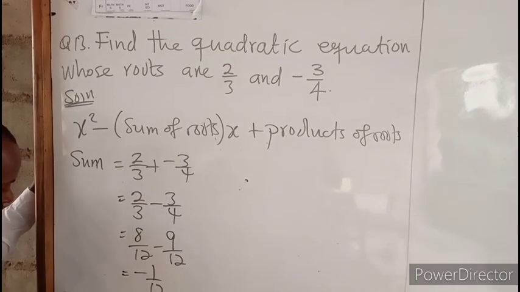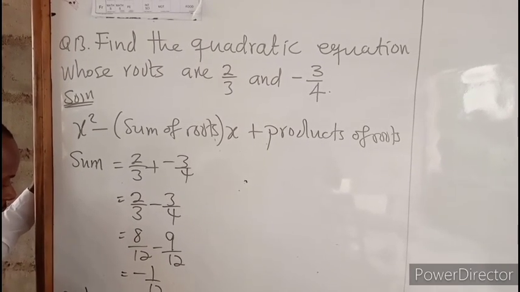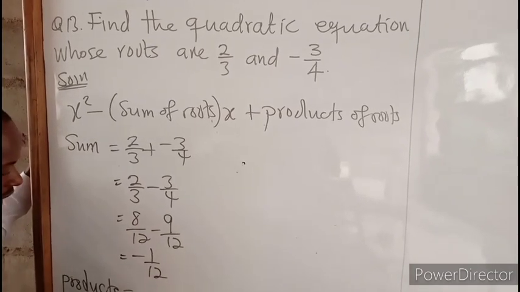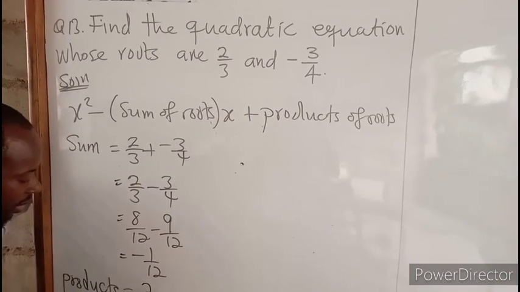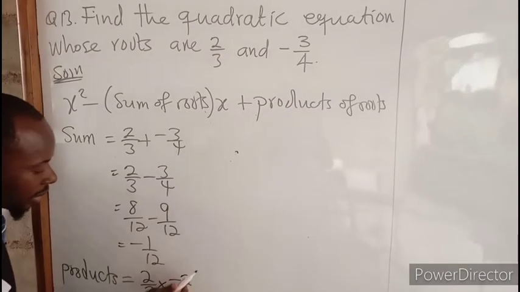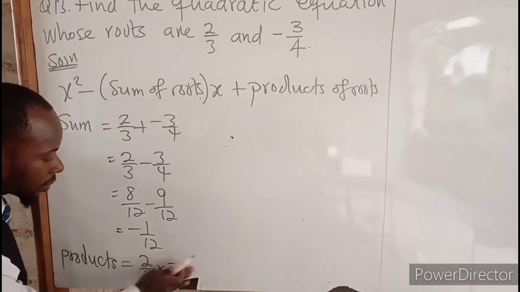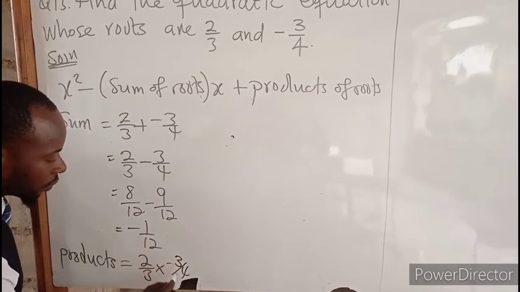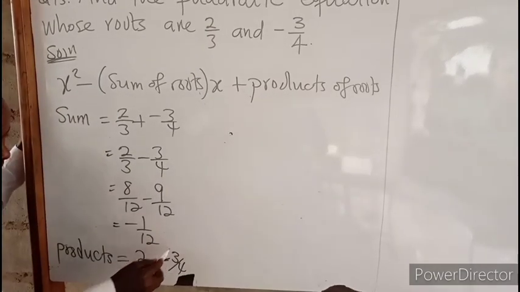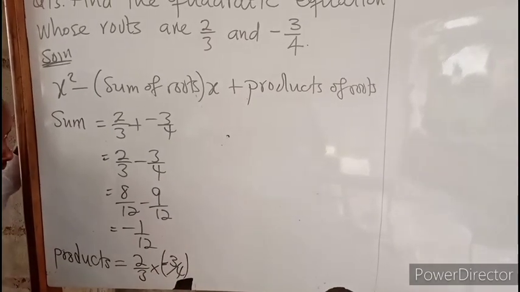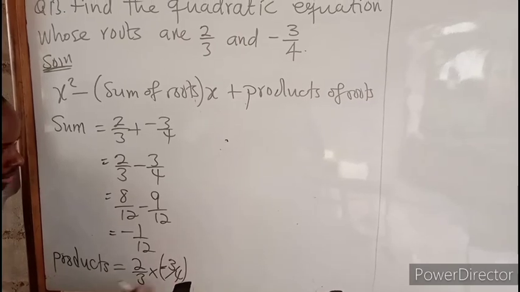Then let's find the product. Product means 2 out of 3 times negative 3 out of 4. This multiplication will just be numerators together, then your denominators also together.